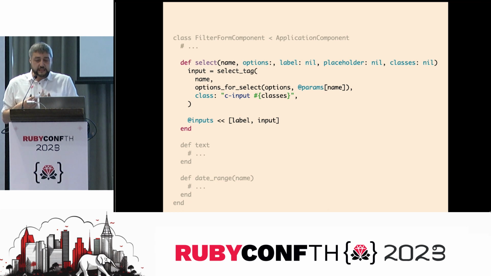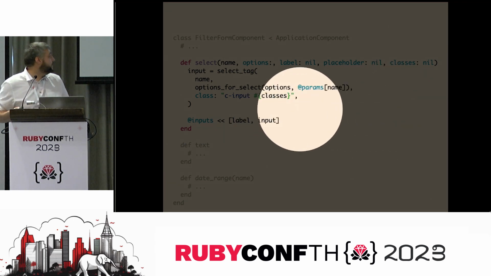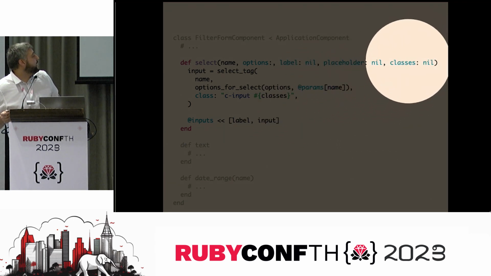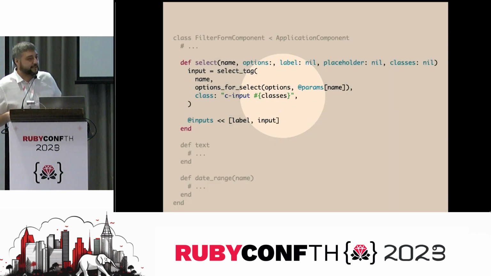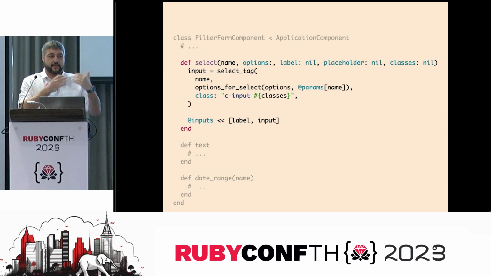The other one, the select, is just a normal select tag. I have options for select and some class names. Another thing to notice, and this is a very popular pattern, is that we name these classes with a variation, because class is a reserved word and the compilers won't be happy if you use it.